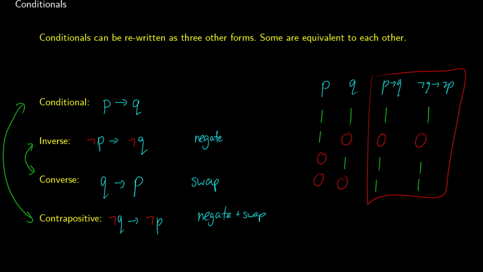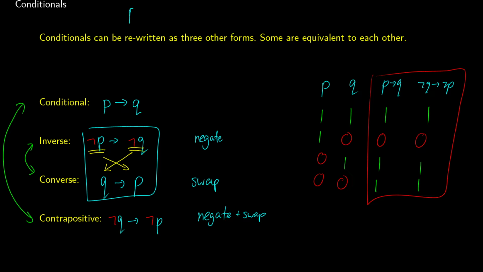And if you take a look carefully at the inverse and the converse, it really follows the same pattern. P has been negated and the position has swapped. Not Q has been negated and the position has swapped. So really the inverse and the converse are just a contrapositive of each other. We have to be careful that we get our equivalences right.